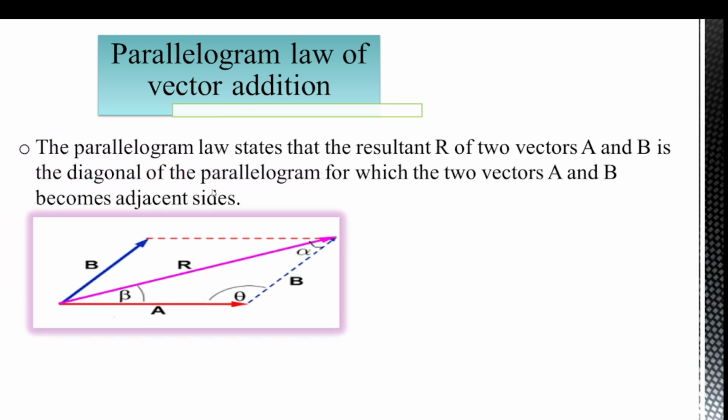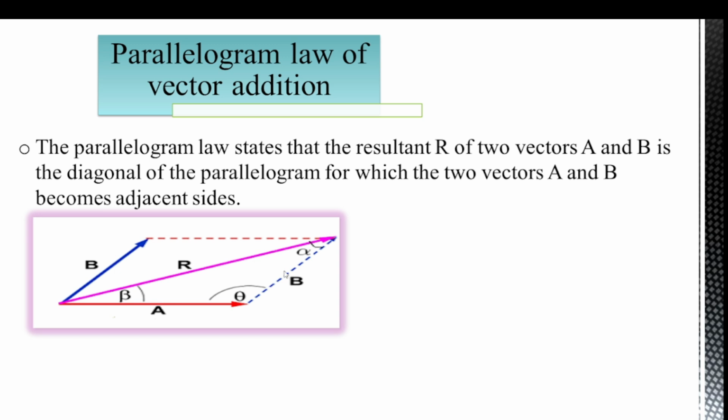Look at this figure. This is a simple parallelogram, and let this be vector A, and this be vector B. As you know, the opposite sides of a parallelogram are parallel to each other, and they are congruent. So this is vector B, this is also vector B, this is vector A, this is vector A. This side and this side are congruent and parallel to each other.